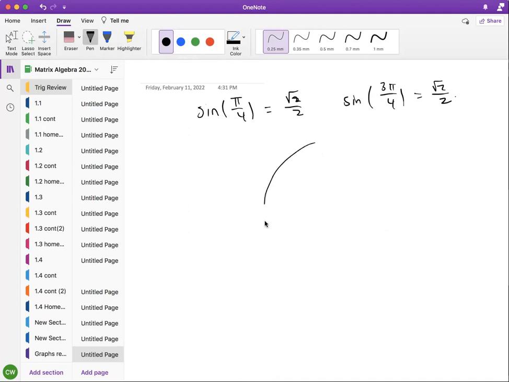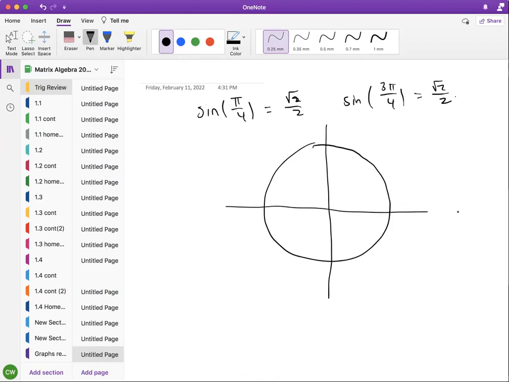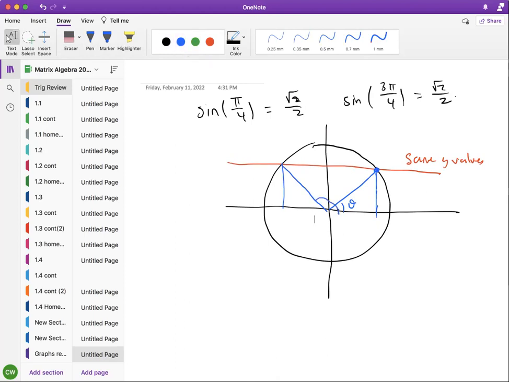I think the point that there are multiple same values for sine is clear. If you draw a horizontal line on the plane, these are all the same y values. So this y value is sine of theta, and this y value is sine of this angle. You have the same y value, so clearly sine is not 1-to-1.